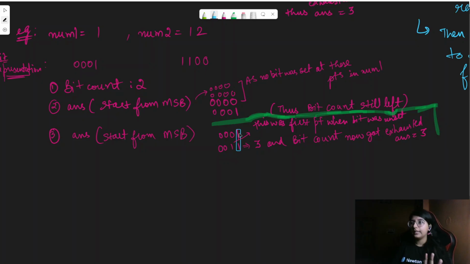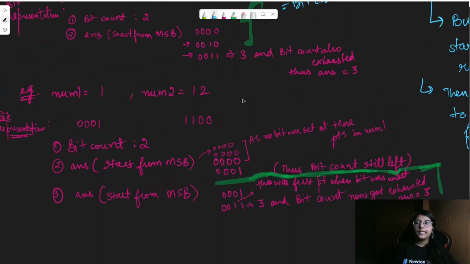So we won't be doing anything. But the next bit was unset, right? So that bit we will be setting, and now the answer becomes 3, and the count also becomes 0. So the set bit count now got exhausted. That's why our answer is 3. So in this particular case, when nums1 is 1 and nums2 is 12, we get our answer as 3. So that's the thing which we are doing here.